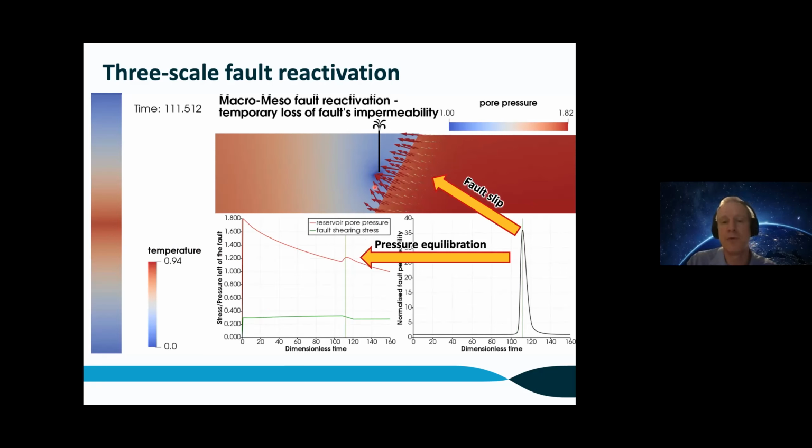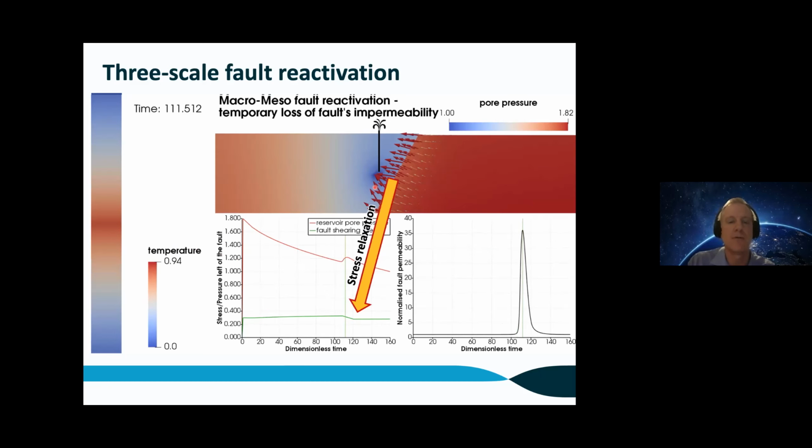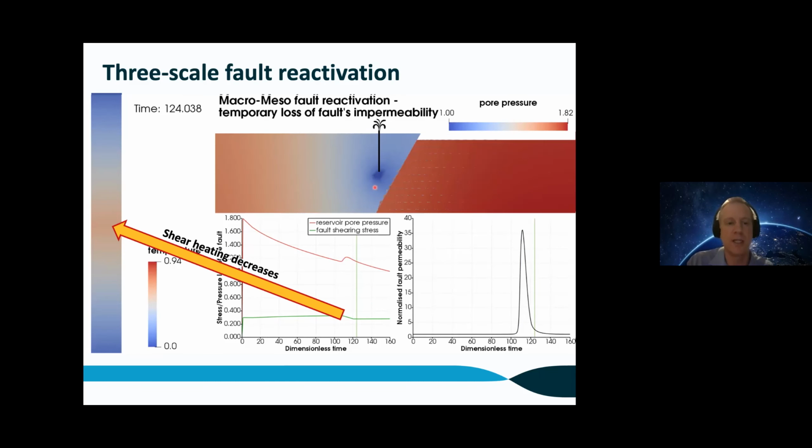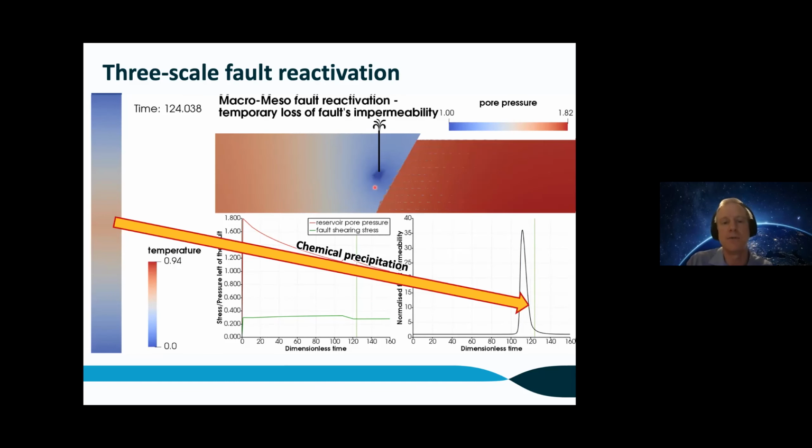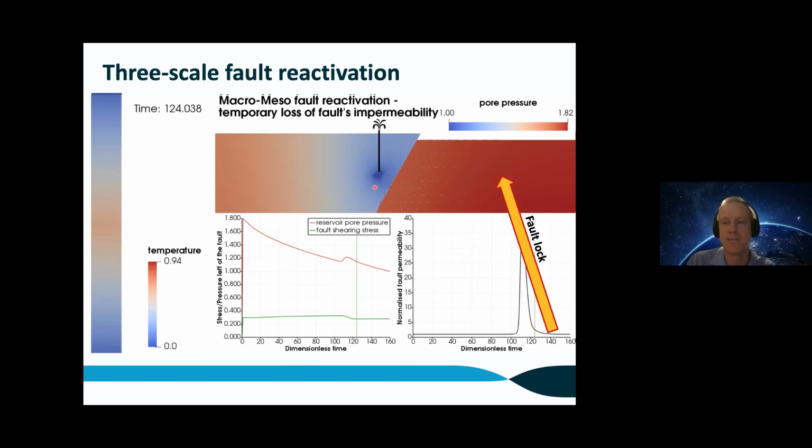So not only will the fault move and induce the slip, but the increase of permeability will allow the pore pressure to re-equilibrate between the left and the right-hand sides of the different parts of the reservoir. So the pore pressure re-equilibrates, the fault having moved relaxes the stress, and therefore the shear heating decreases, leading to the inverse chemical reaction, which is the precipitation, and getting the fault back into its locked state.